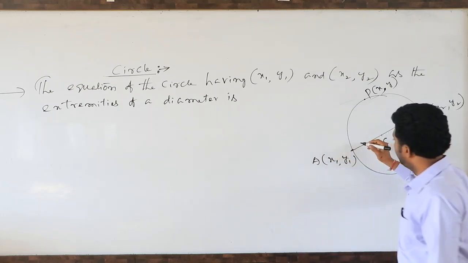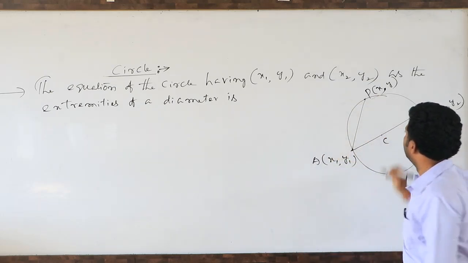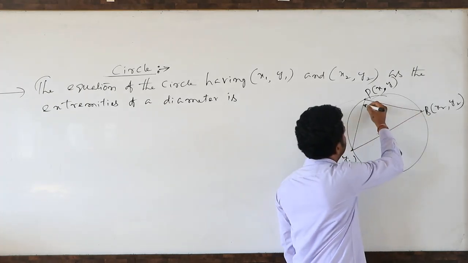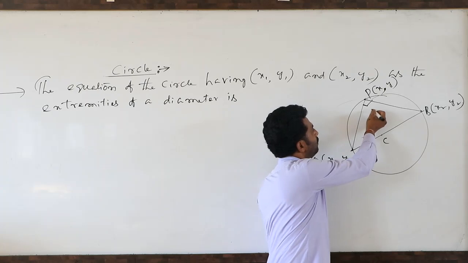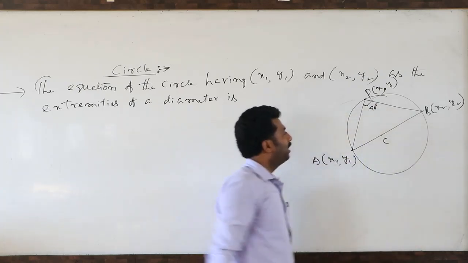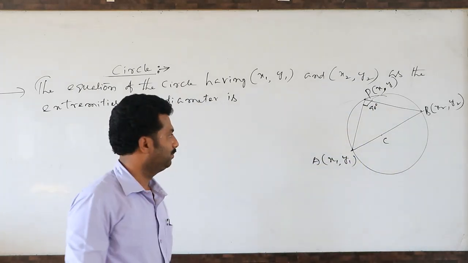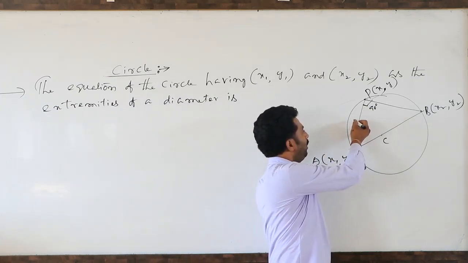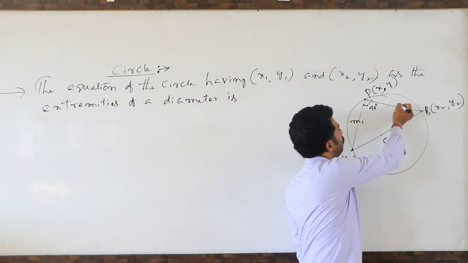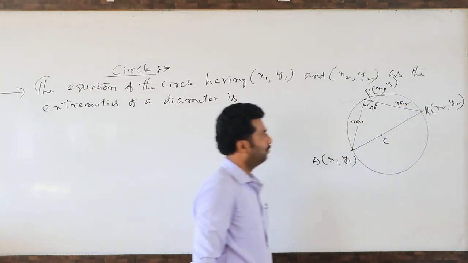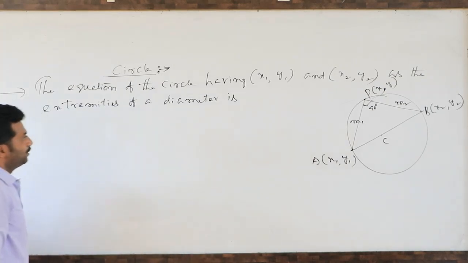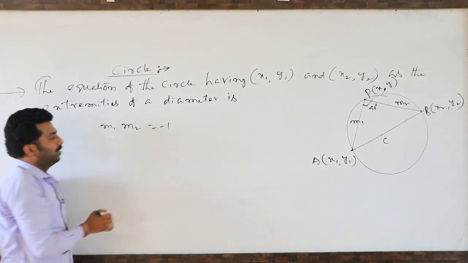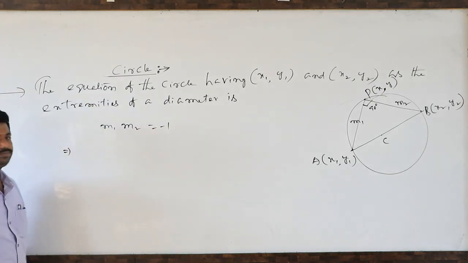So we are joining A and P, and P and B. This angle is always 90 degrees because angle in a semicircle is 90 degrees. Suppose slope of AP is m1, slope of PB is m2. So m1 times m2 equals -1. This concept we will use.